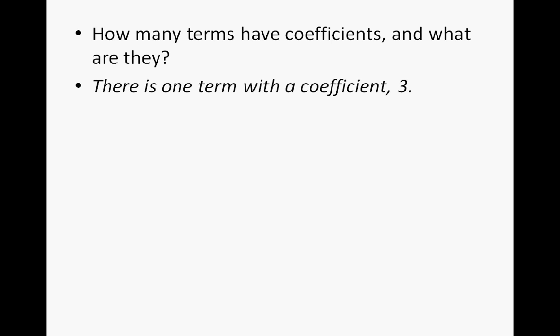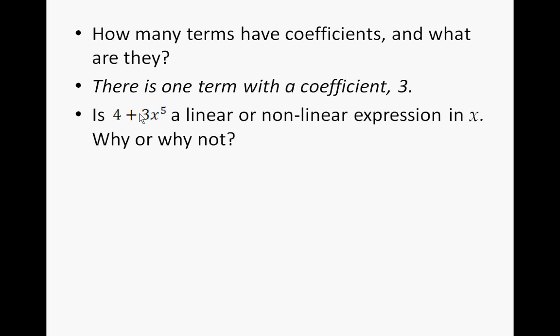How many terms have coefficients, and what are they? Well, again, a coefficient is attached to the term with an x, and so there is only 1 term with a coefficient, and that coefficient was 3, because it was 3x to the 5th power. So is 4 plus 3x to the 5th power a linear or nonlinear expression in x? Why or why not?